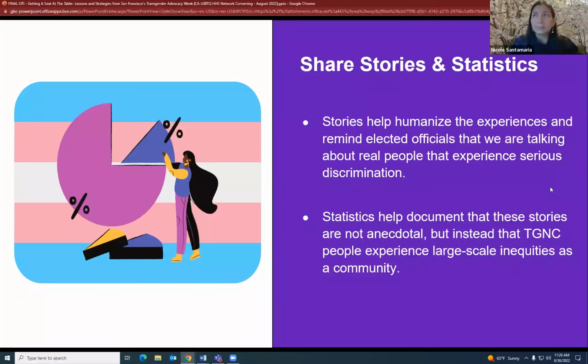Well, for me, it's important, as I mentioned before, to humanize us, portraying us as the human beings that we all are. One of the reasons that I think it's super important to share our stories, and that has been super helpful in this process, is to acknowledge that maybe we don't have the funds right now, or they are not investing in our needs, because they are simply cis persons in positions of power who don't know.